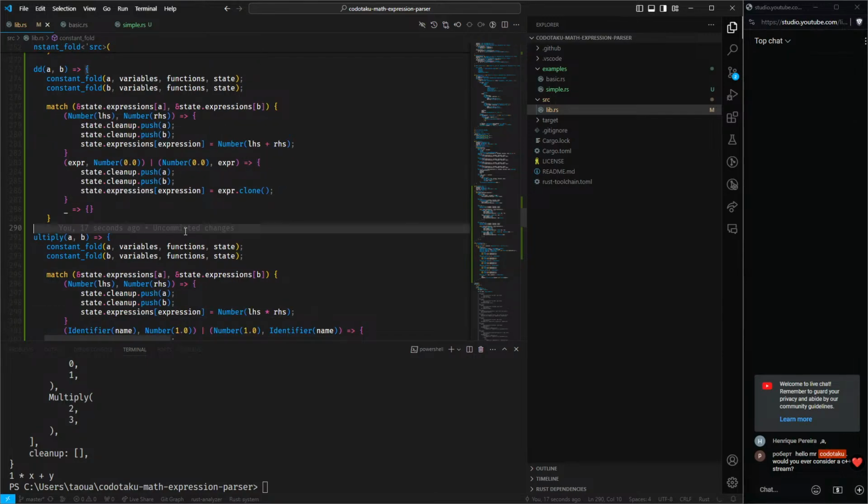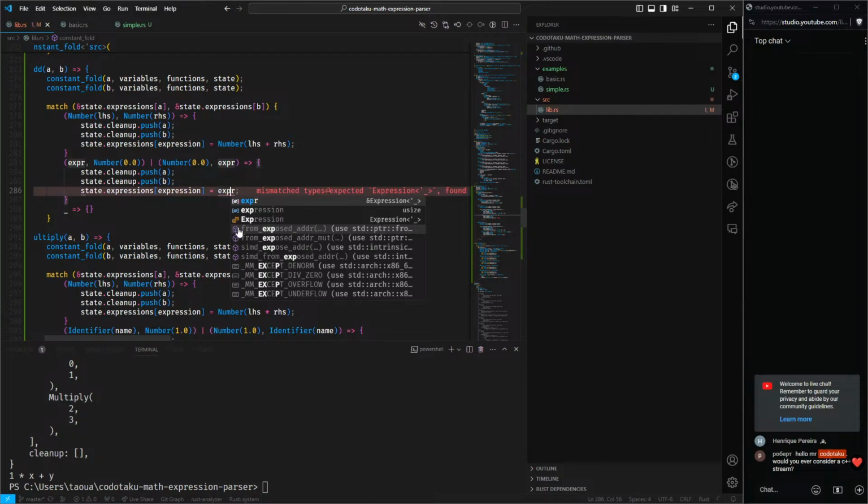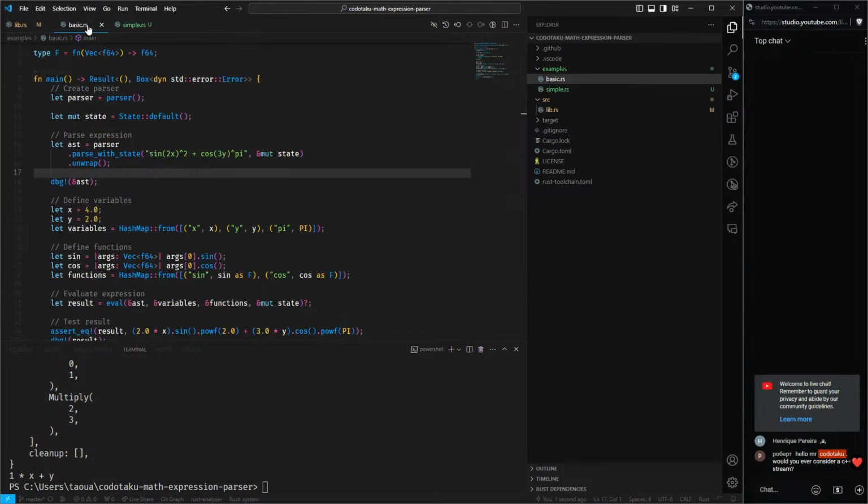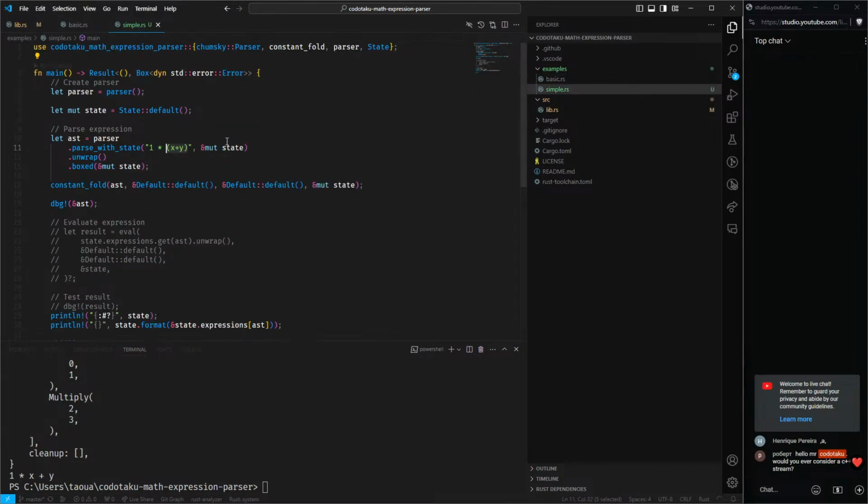Other than we may be cloning a function call's arguments, which is a vec. Can we do it another way though? Good question. I don't think there's a better way to do this. Not really. Anyways, let's just say XPR clone here. And now this should actually work. Hold on, this one, right?